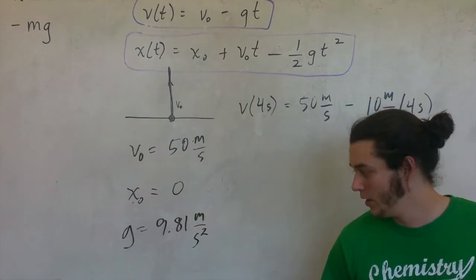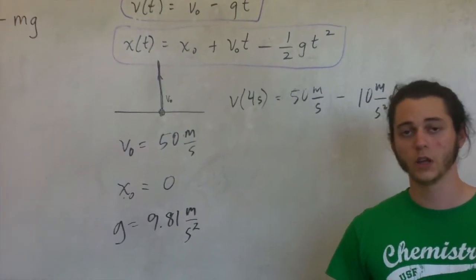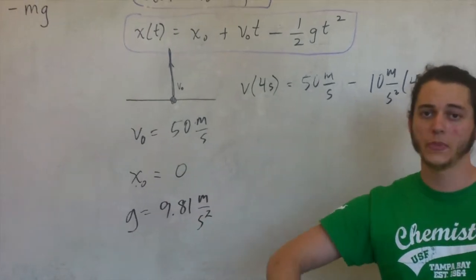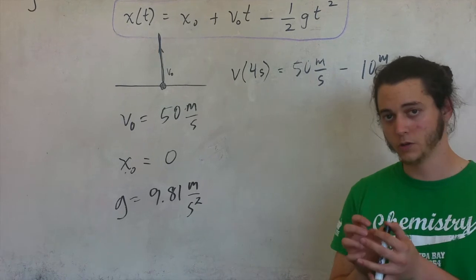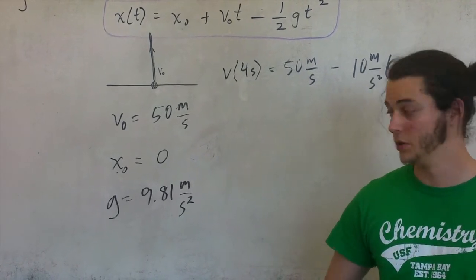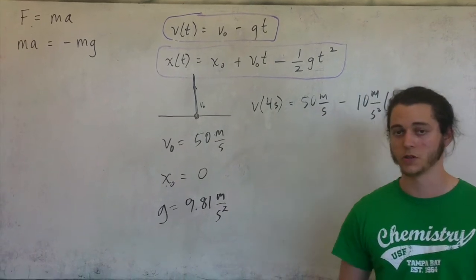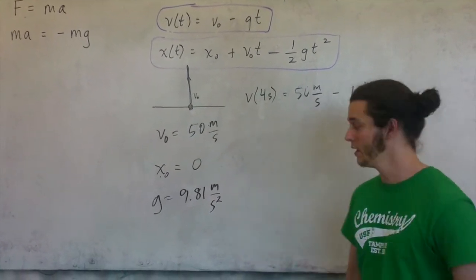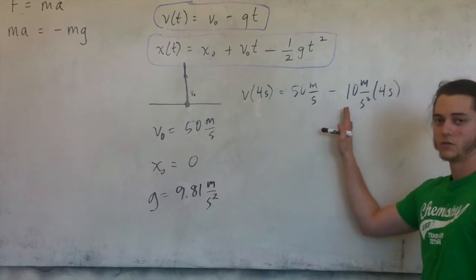That is not a fundamental physical constant. That's an approximate true value for anywhere on the surface of the Earth, because it is dependent on the distance between the body of interest and the center of the Earth. But this is what works for Earth near the surface. It's roughly this value almost exactly in almost every place. So I'm going to just use 10 for that, just to simplify things.